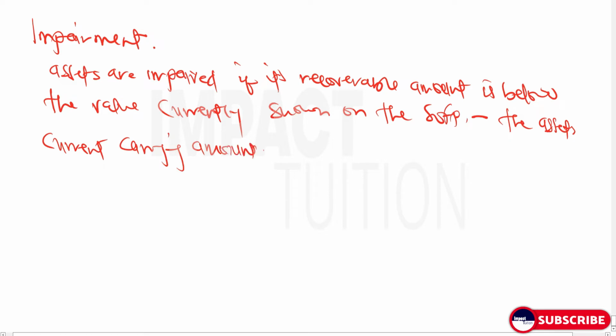So like I explained earlier, an asset is impaired if the recoverable amount is below the value currently shown on the statement of financial position, which is the asset's current carrying amount. What is the recoverable amount?